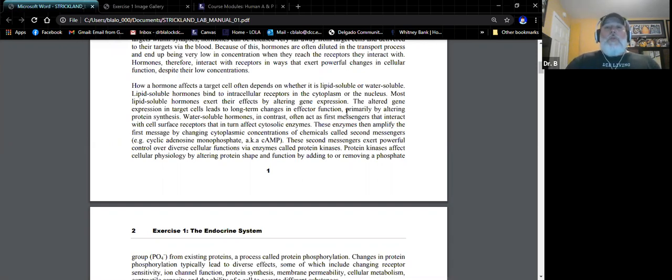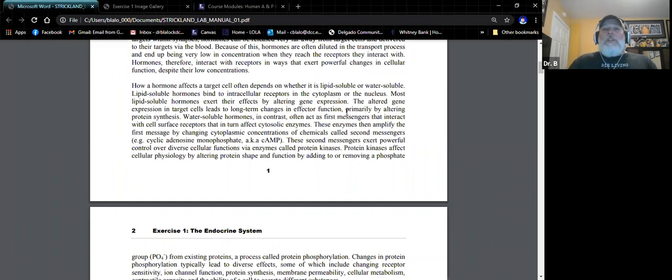So water soluble hormones are going to affect the cell on the outside, which means oftentimes these water soluble hormones act as messengers, okay, because they are initiating a response on the surface of the cell, which then can initiate responses inside the cell, but they can't get into the cell to affect anything.